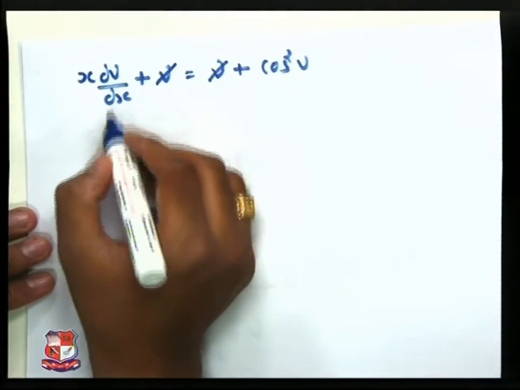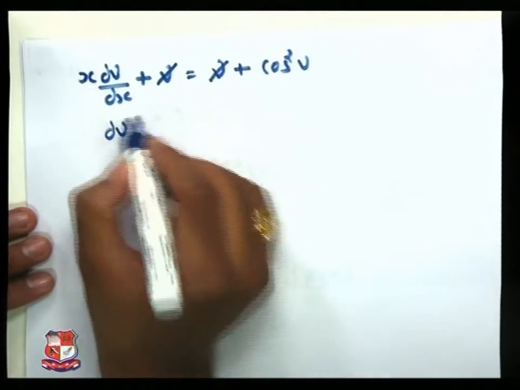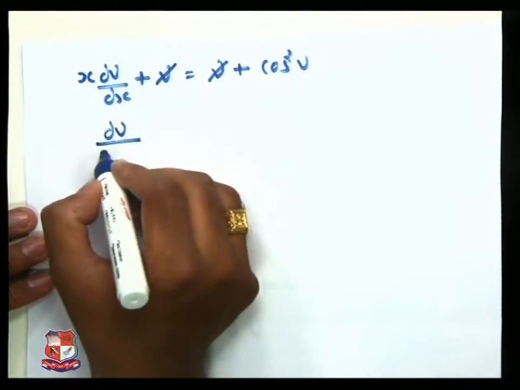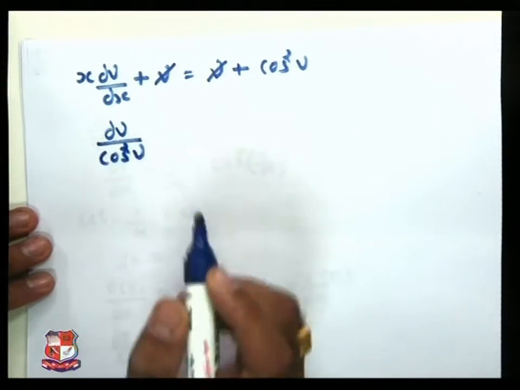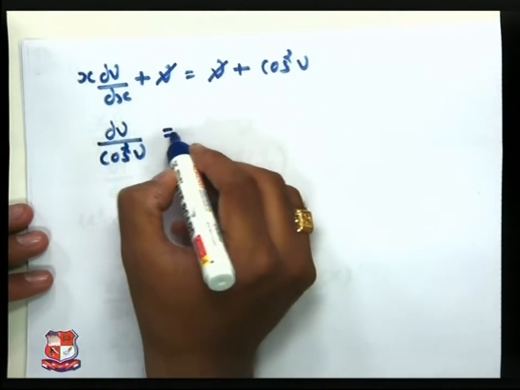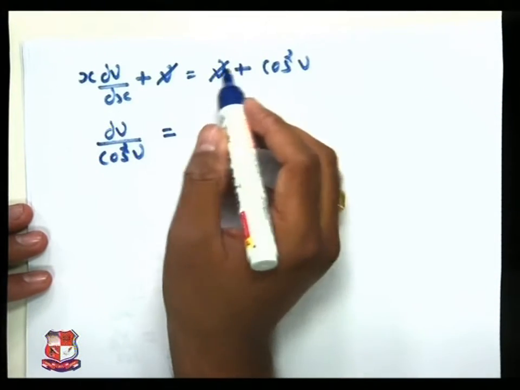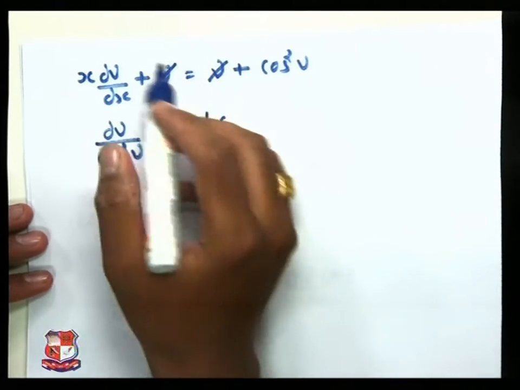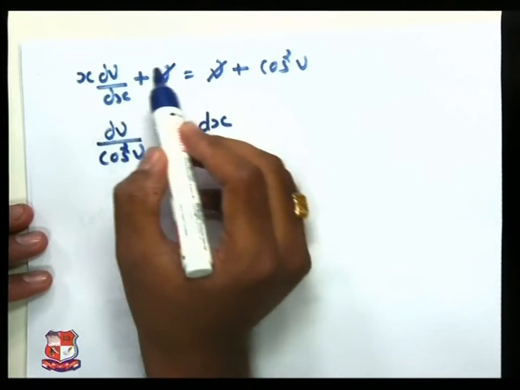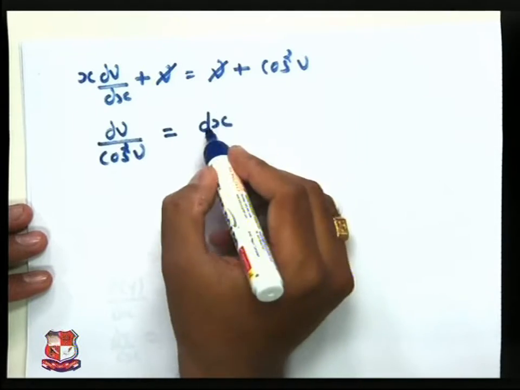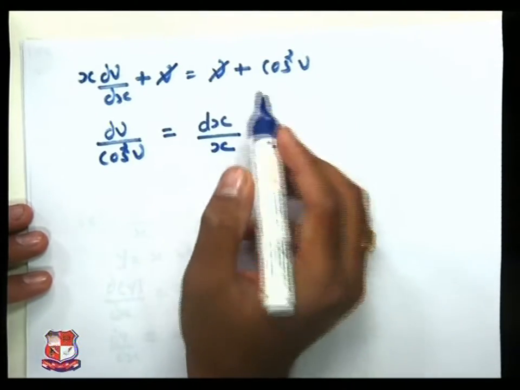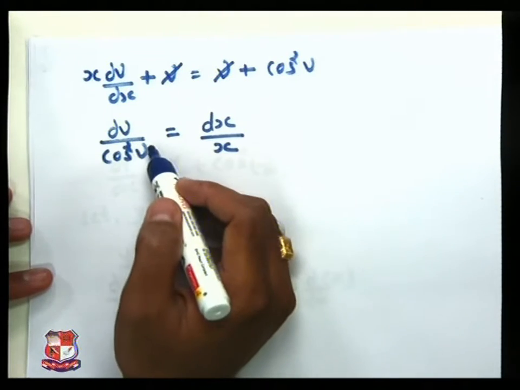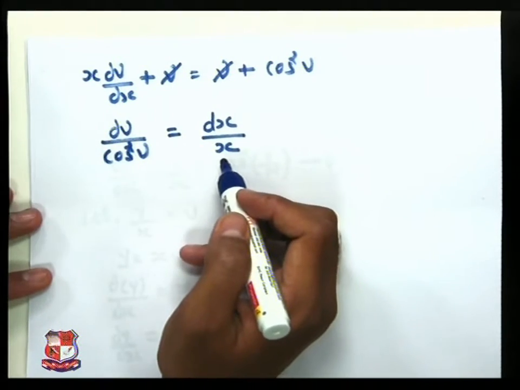So dv by cos square v is equal to dx; x is multiplied on the left, but we want to move it to the right side, so we divide. Our equation becomes dv by cos square v is equal to dx upon x.